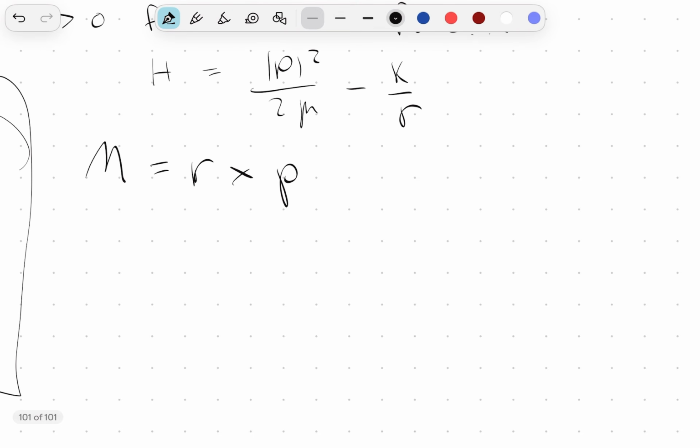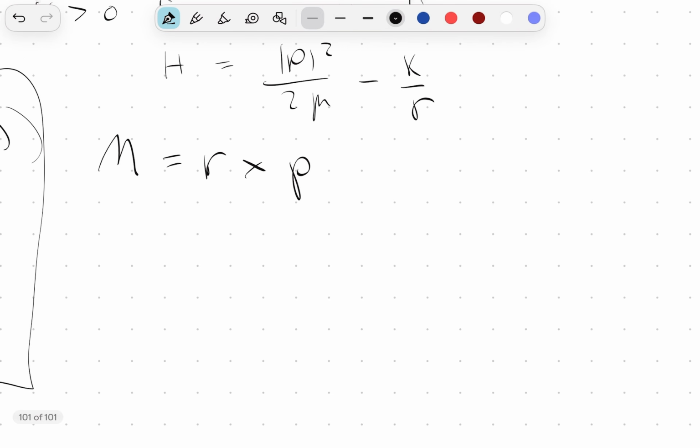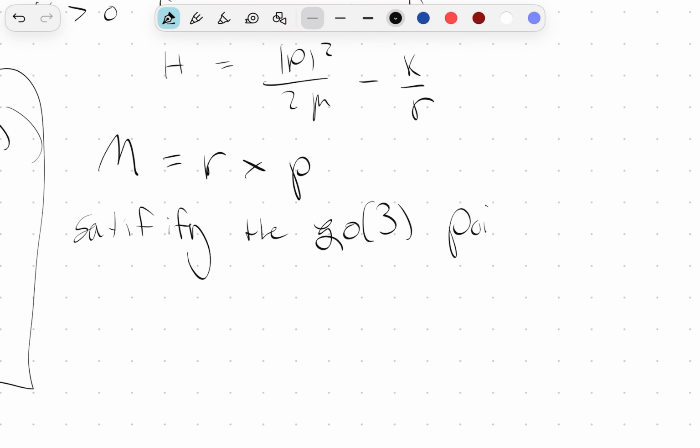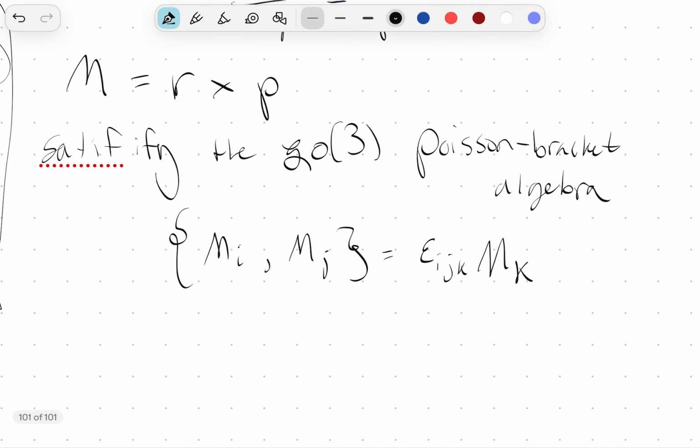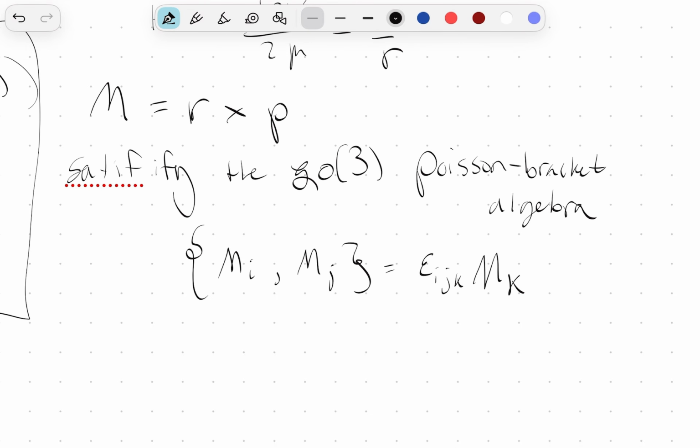And the components of this conserved angular momentum vector, as we know, satisfy the SO3 Poisson bracket algebra, which takes the components of the angular momentum vector as the Levi-Civita tensor with the kth component. All right, so that's the Poisson bracket algebra.